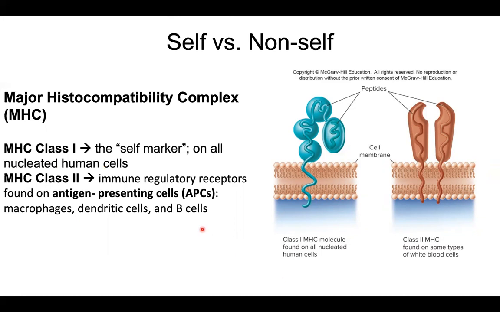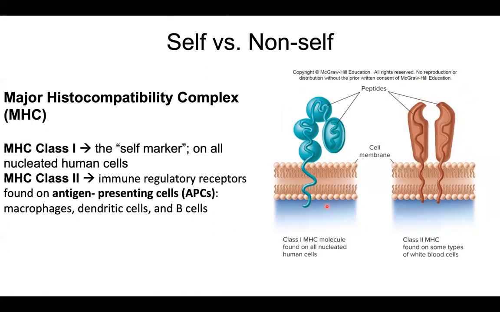Every cell in our body that has a nucleus carries the MHC class 1 protein on its surface, like this. And every cell that can present antigens, that is the macrophages, dendritic cells, and the B cells, carry class 2 major histocompatibility complex proteins on their surface.